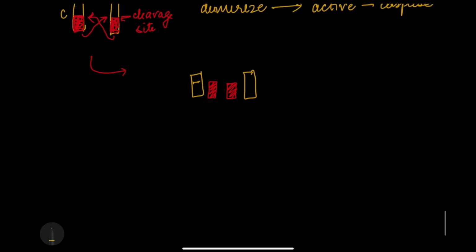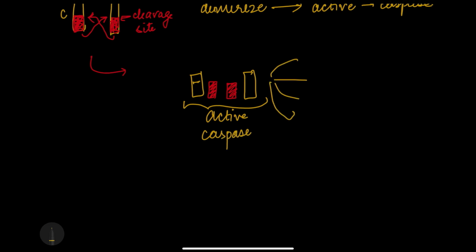Now this procaspase has joined together and become an active caspase. Now it acts on multiple substrates. It can act on DNA and proteins, leading to their fragmentation or apoptosis. Then it can act on the nuclear lamina. It can also degrade cell-cell adhesion.